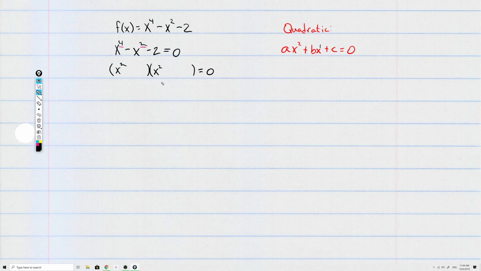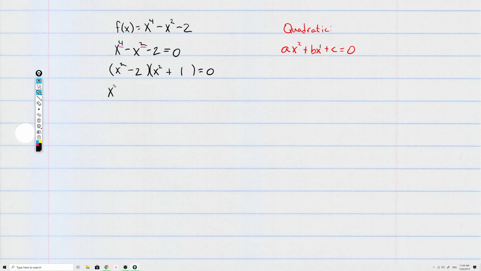Don't forget the equals 0. We have a minus 2 and a plus 1. Negative 2 times 1 is negative 2. And then if you test the outside and the inside, you see that we have plus 1x squared minus 2x squared to get us the negative 1x squared we needed in the middle.